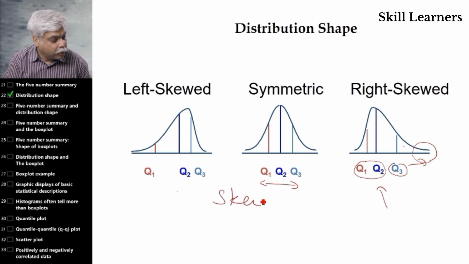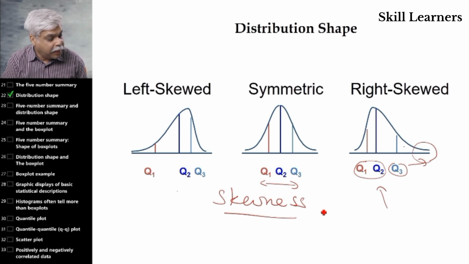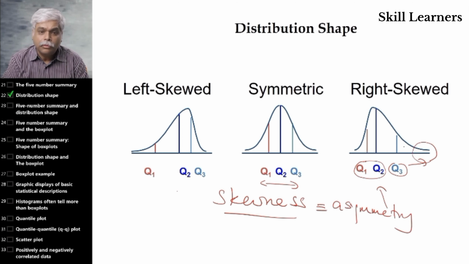Skewness is an idea that represents the asymmetry of the distribution. The more skewed it is, the more asymmetric it is.